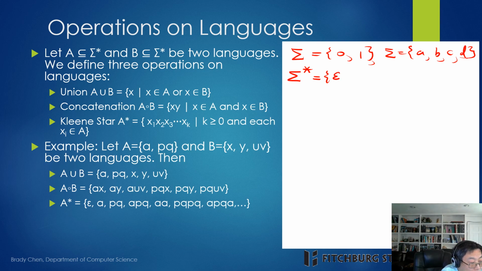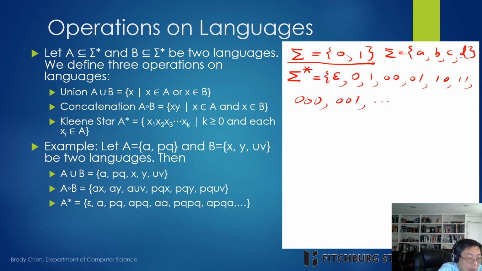So if sigma is the set {0, 1}, then sigma star is going to be epsilon, 0, 1, 00, 01, 10, 11, 000, 001, and all the combinations. So that's sigma star.